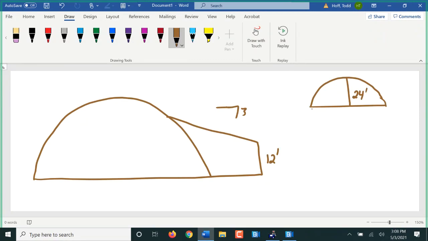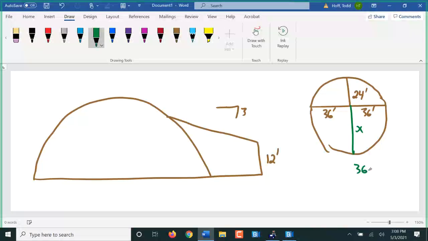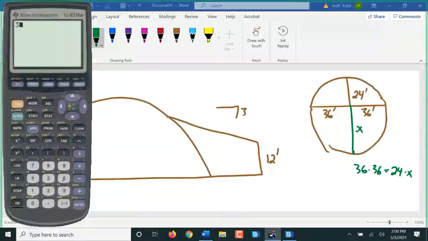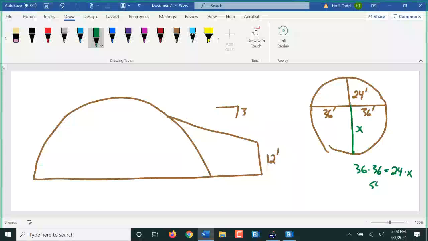This is 72 feet across here. We know that when I draw out the rest of that circle, that gets split into 36 and 36, half of the 72, right? And I'm going to find X here. How do I find X? Well, 36 times 36 equals 24 times X, right? 36 times 36 divided by 24 tells us that X equals 54.